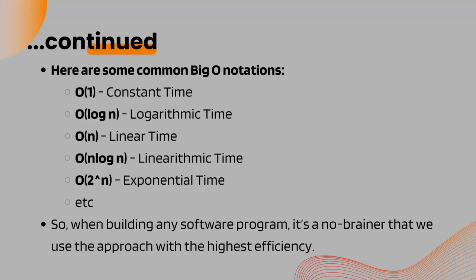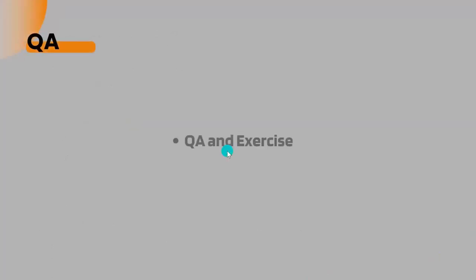Doesn't matter how many inputs you put there, the time that it takes is going to be the same across any number of inputs. Log n is the second one, linear, then linearithmic, and so on. And that's it.